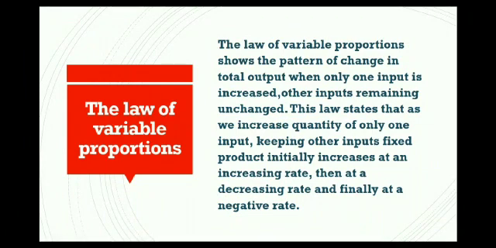The law of variable proportion states that as we increase the quantity of only one input, keeping other inputs fixed, the total product increases at an increasing rate, that is, convex shape in the beginning, then increases at a diminishing rate, that is, concave shape, and after a level of output ultimately falls.